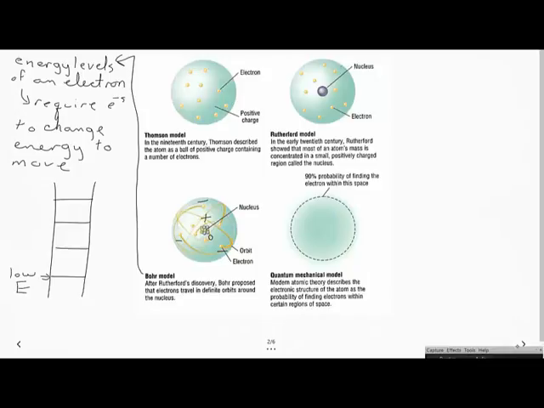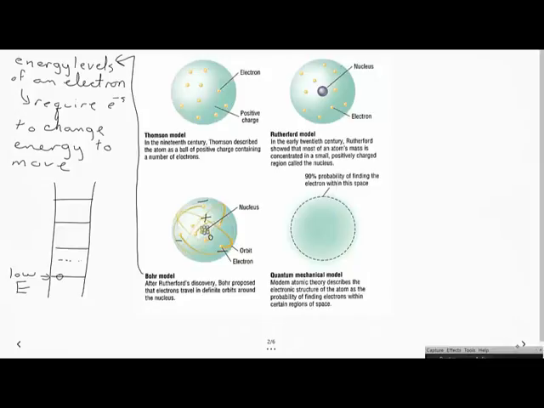And I'm just going to use a capital E for energy. You can go up the ladder one rung by one rung, just like an electron can jump from one energy level to another energy level. Just like we can't put our foot halfway between the steps, the electrons can't be there either.